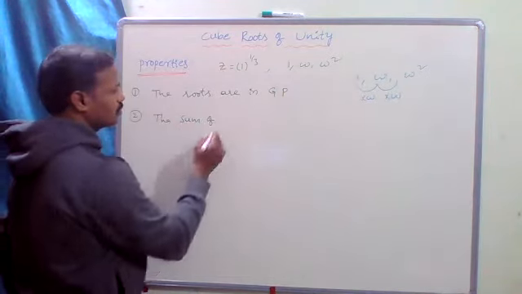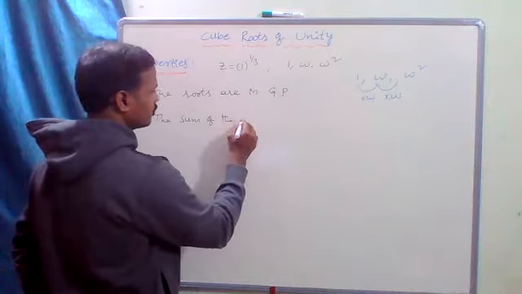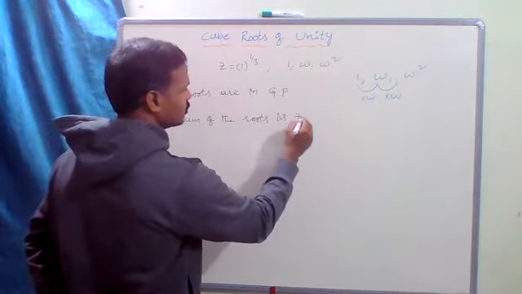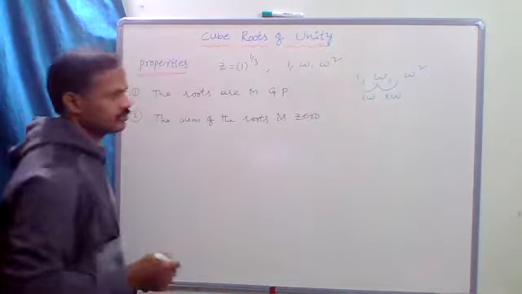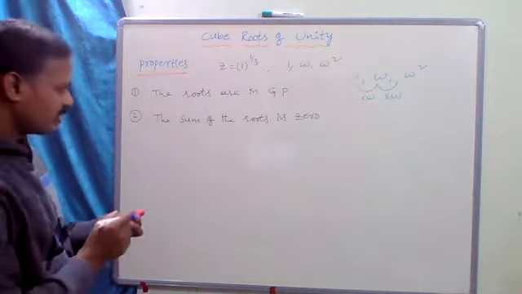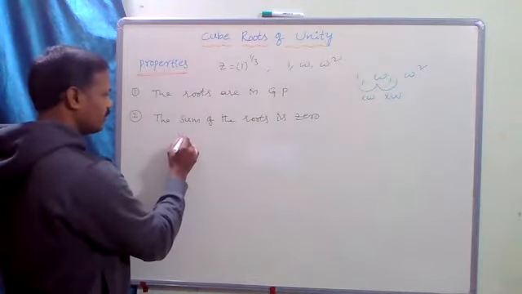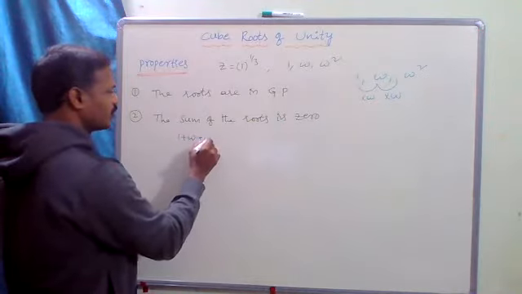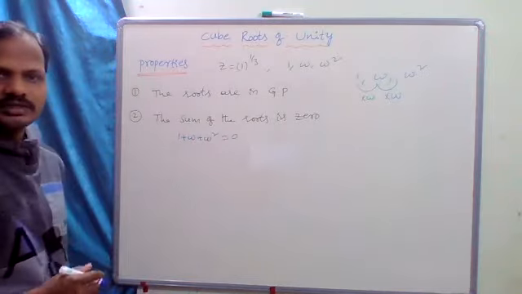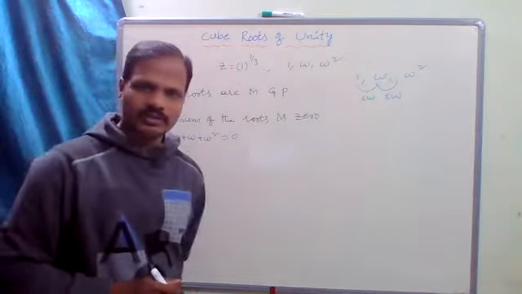So what is the meaning of this? 1 plus omega plus omega square equal to 0. The sum of the roots is 0. We can say it in 2 ways.